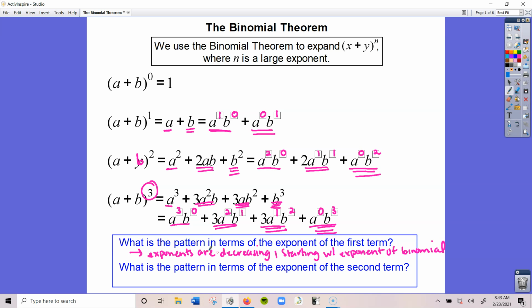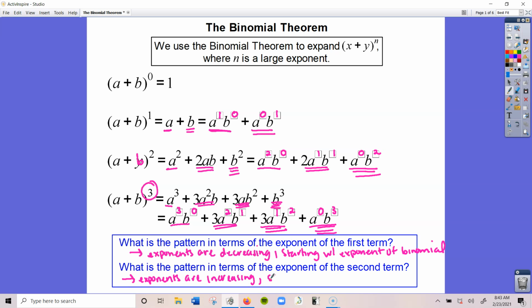Now, if we look at the pattern of the exponents of the second term, here it started with 0, 1, then 0, 1, 2, then 0, 1, 2, 3. So what you should notice is that the exponents are increasing.